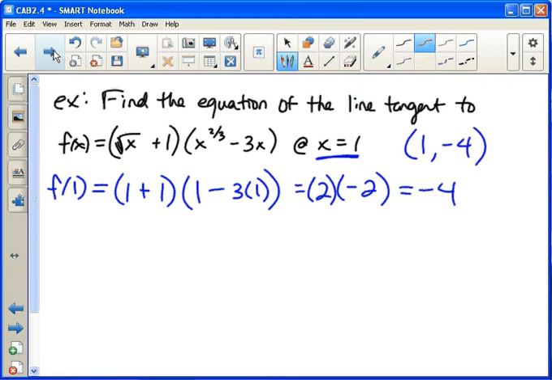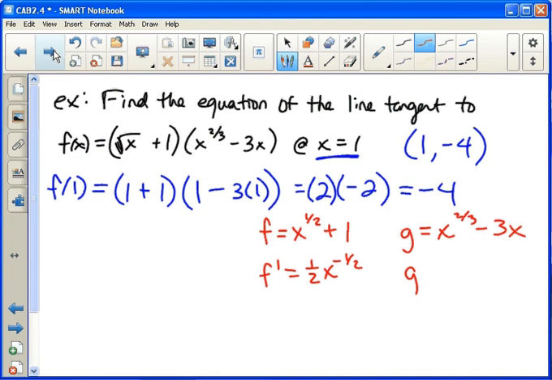With this particular function, to do the derivative, we have to use the product rule. So I'm going to identify that our first function, I'm going to rewrite that square root of x as x to the 1/2, plus 1. My second function is x to the 2/3 minus 3x. F prime is 1/2 x to the negative 1/2. G prime is 2/3 x to the negative 2/3 minus 3.